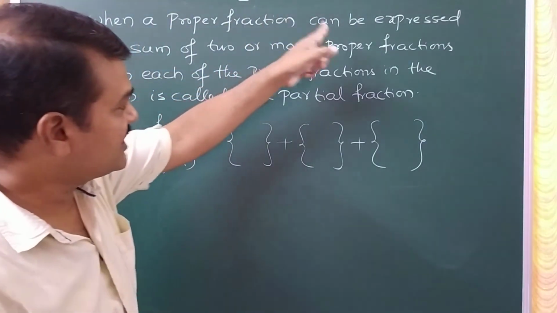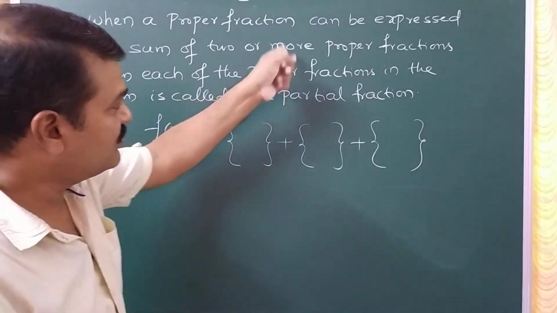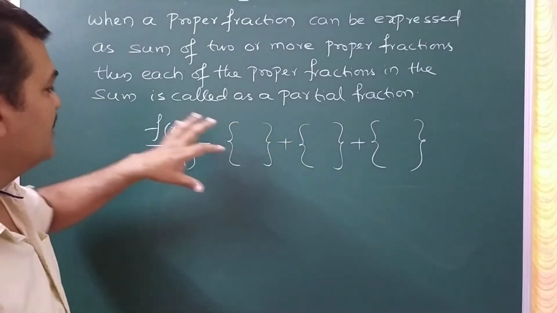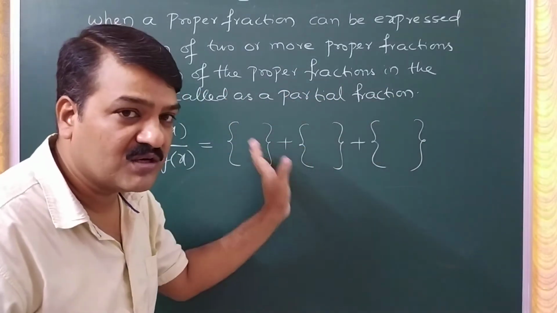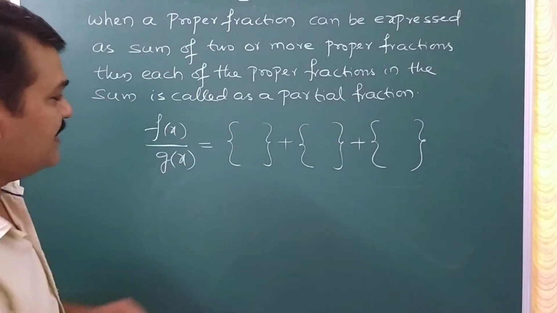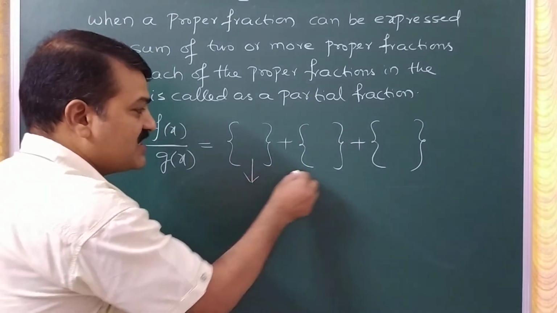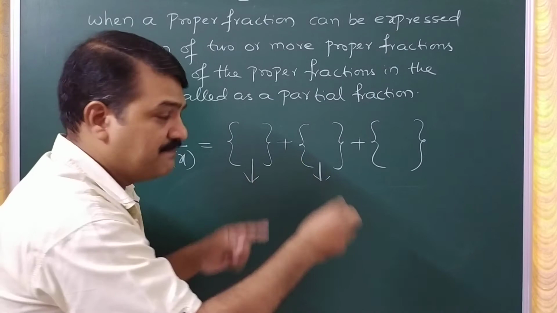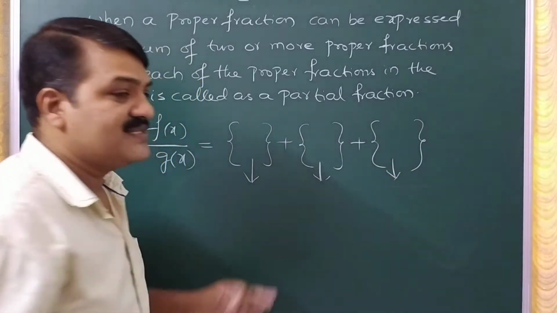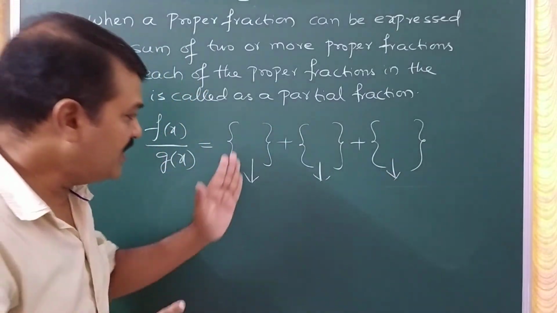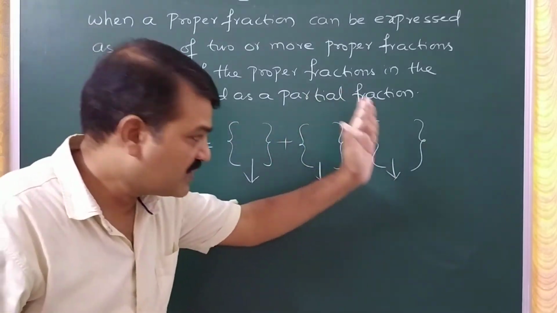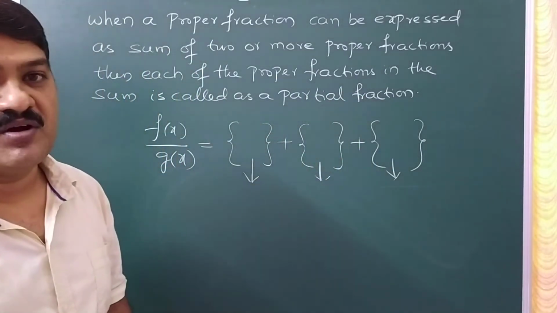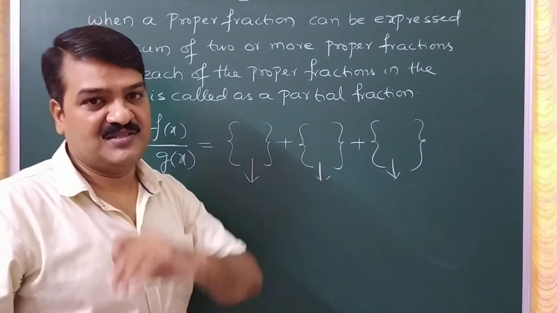When a proper fraction can be expressed as a sum of two or more proper fractions, each proper fraction in this sum will be called a partial fraction. So all of these will be called partial fractions.